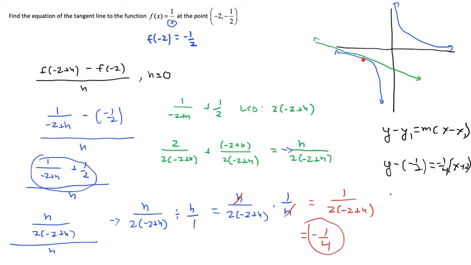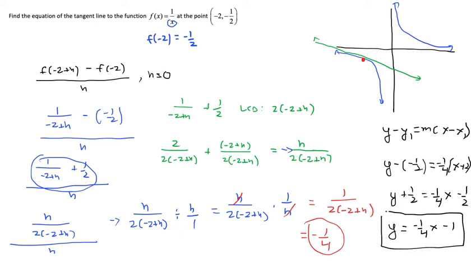So we get y plus 1/2 equals -1/4 x, and this becomes minus 1/2. When we subtract the 1/2 over, we get y equals -1/4 x, and this is going to become a minus 1. So that means the equation of this green line is y equals -1/4 x minus 1.